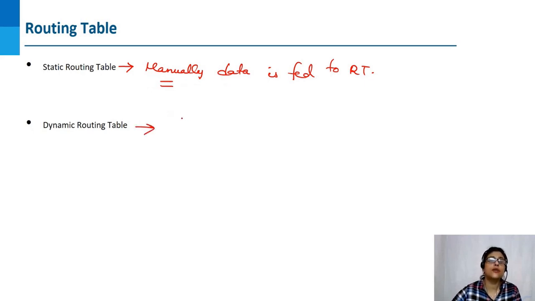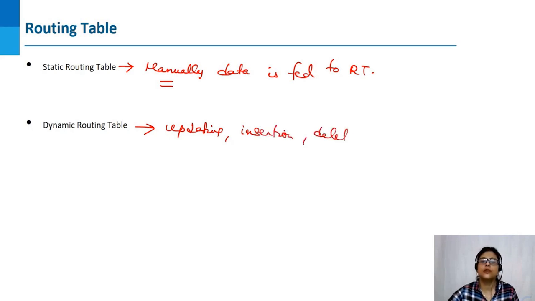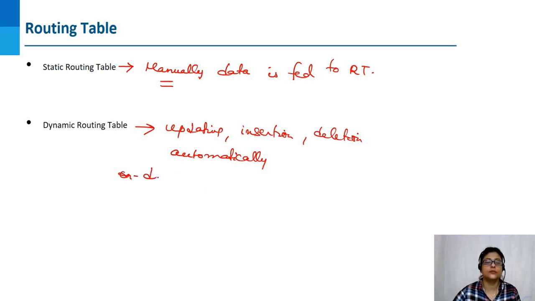Then we have the dynamic routing table, where the updating, insertion, and deletion of data from the routing table are all done automatically. And this basically takes place on an on-demand basis.